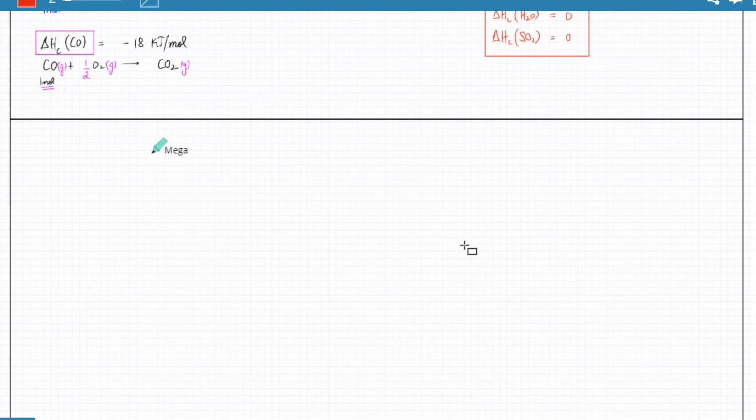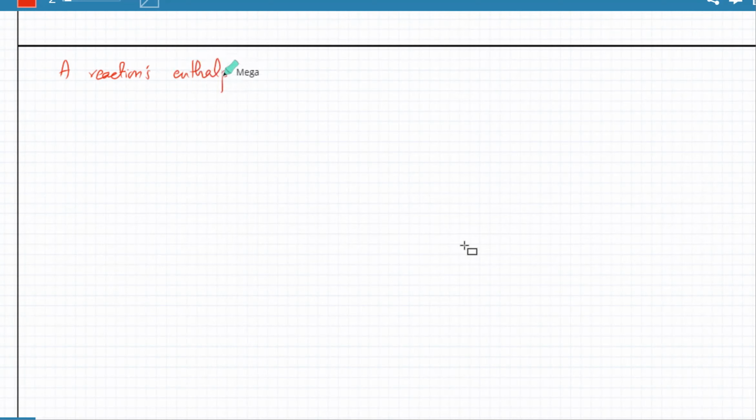So sometimes a reaction's enthalpy change can have multiple labels. Be careful about that as well. A reaction's enthalpy change can be called by different names.